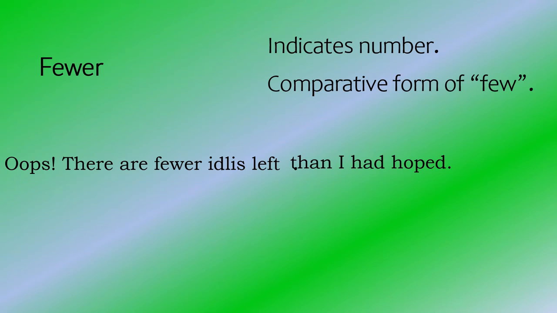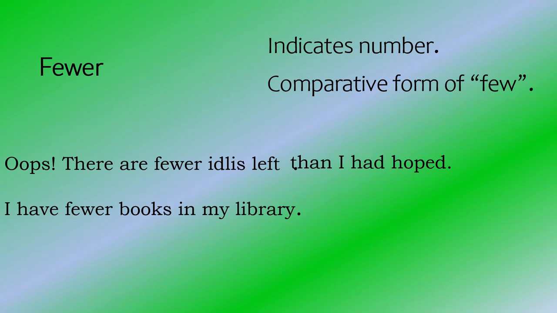Anyway, let's go for one more example. I have fewer books in my library. Books, countable noun. 1 book, 2 books, 3 books, I'm sorry. We can count it. So anyway, the books are countable.